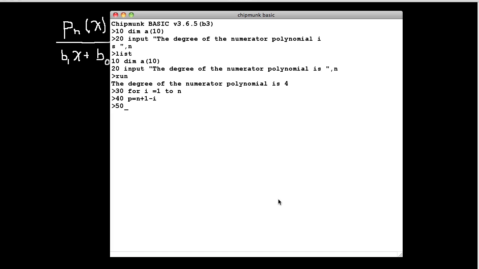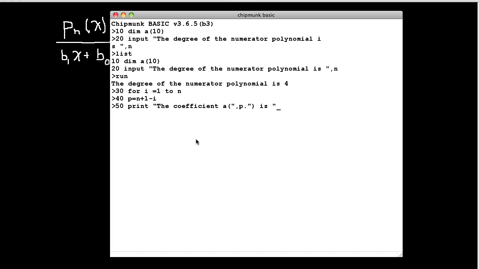Statement 50 says print the coefficient A, parentheses. Now I'll have quotation mark, comma, P, comma, quotation mark, parentheses, is, space, parentheses.